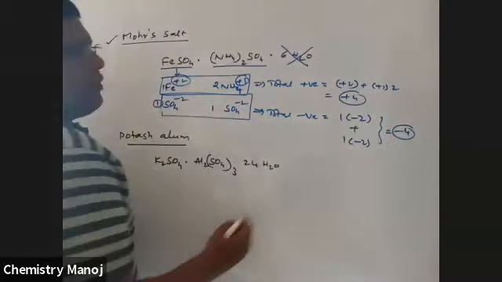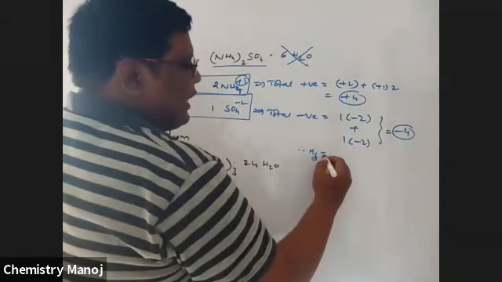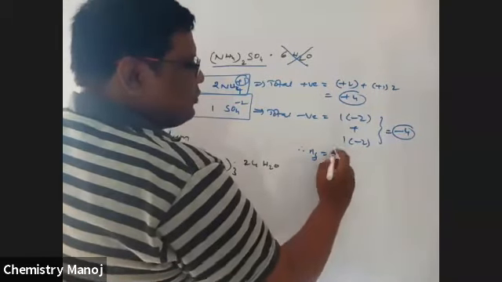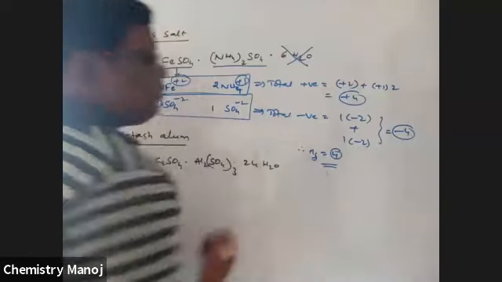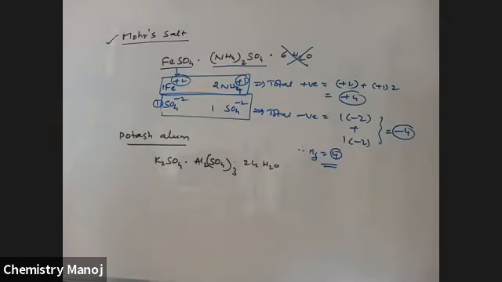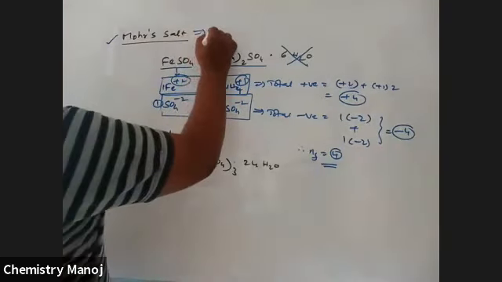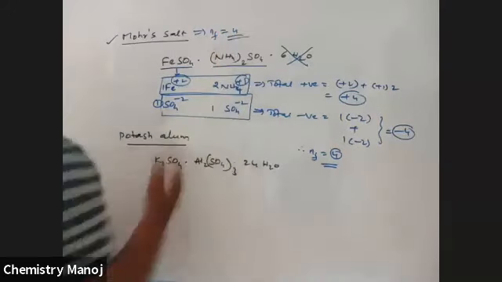Plus 4, minus 4. Therefore, in this case, N factor is equal to 4. Therefore, for Mohr's salt, N factor is equal to 4.